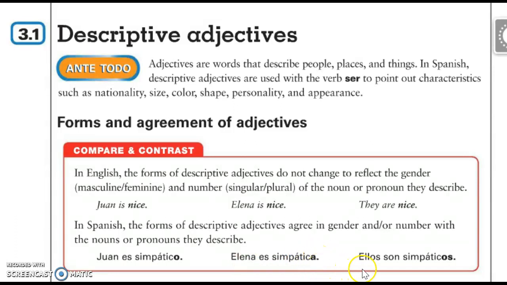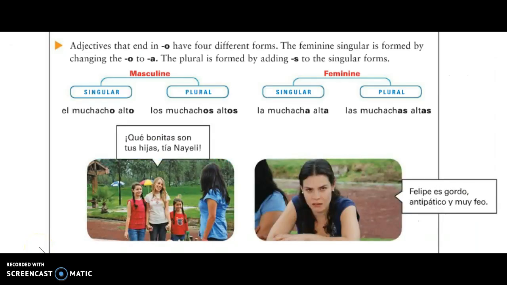Now we move on to the third person plural. Our ser changes to son from es. And if we want to say those people are nice, they are nice, you say ellos son simpáticos. Okay. Adjectives that end in O have 4 different forms.